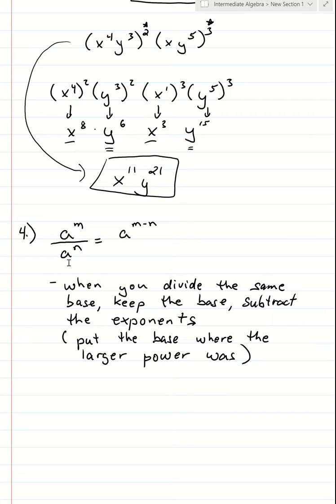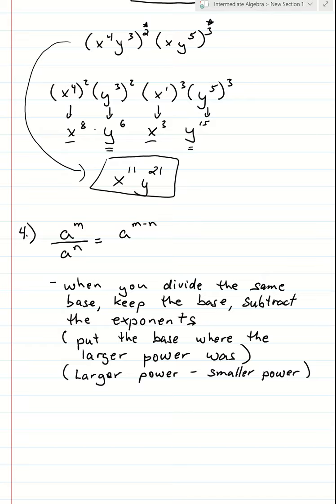If the larger power is in the denominator, the base A will stay in the denominator. And then what you always want to do is take the larger power and subtract the smaller power. You always want to do that, okay?